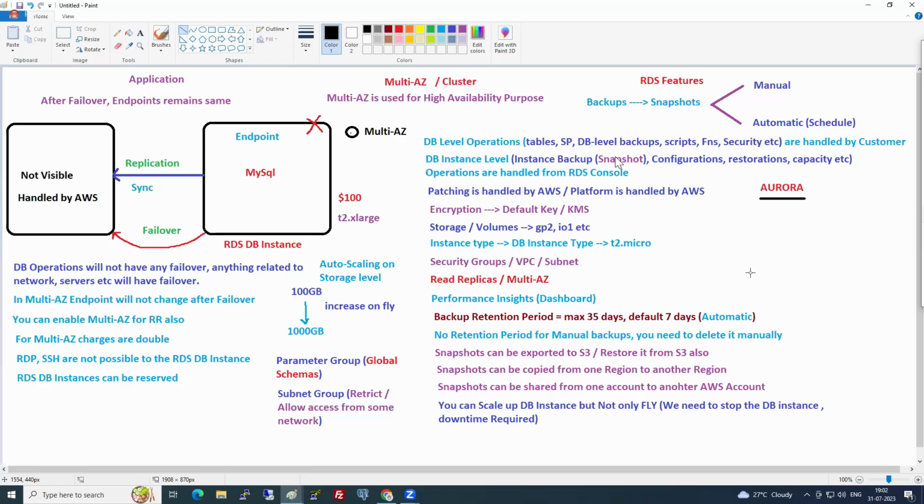You just go and create, and based on the load, the power automatically increases, and based on the load, the power decreases. So it is a very advanced topic. Advanced features are there with Aurora. Whenever you get a chance in real time, you can try it once. But that is charged, a little bit higher charge, because it is giving so many options.